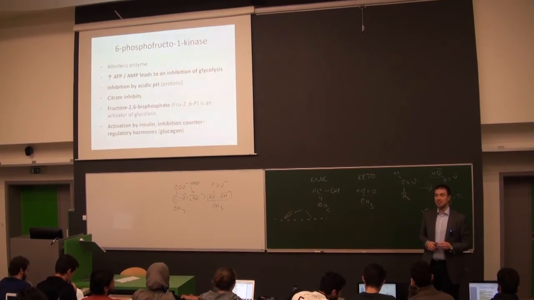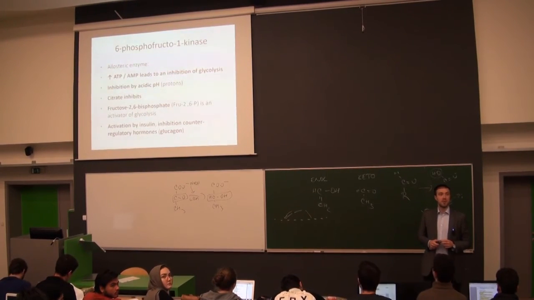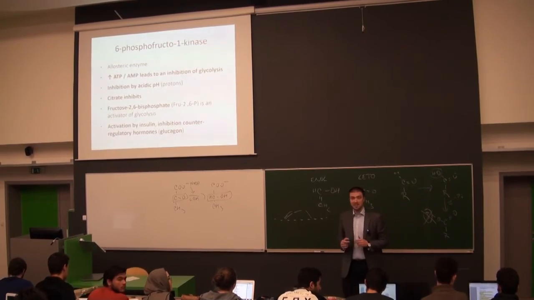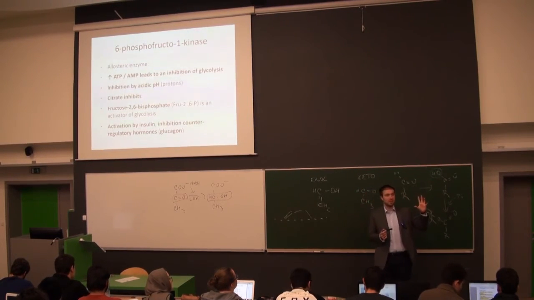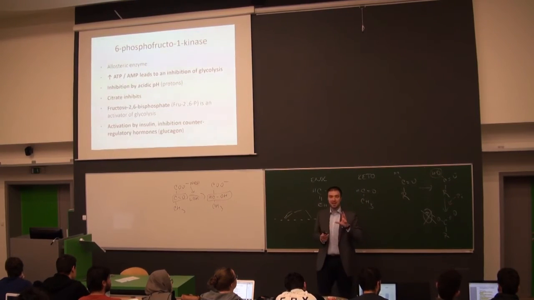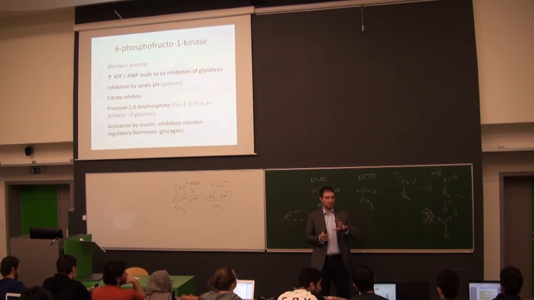Any question on this? Could you explain the citrate inhibition with the Krebs cycle? Yes, the fact is that you have 2 pathways in different compartments. Glucose is metabolized in the cytosol by glycolysis, and acetyl-CoA is metabolized by the Krebs cycle inside the mitochondria.